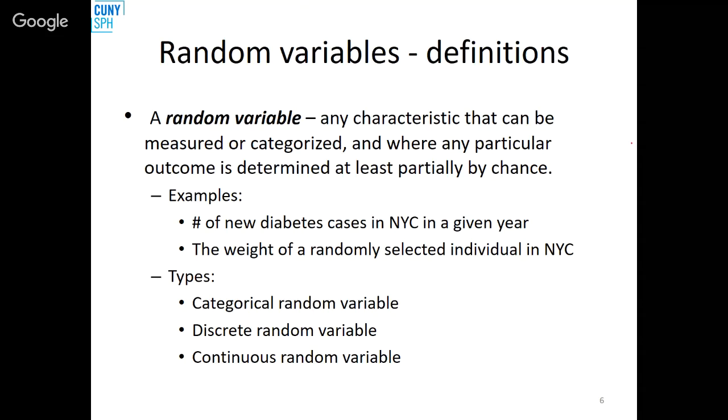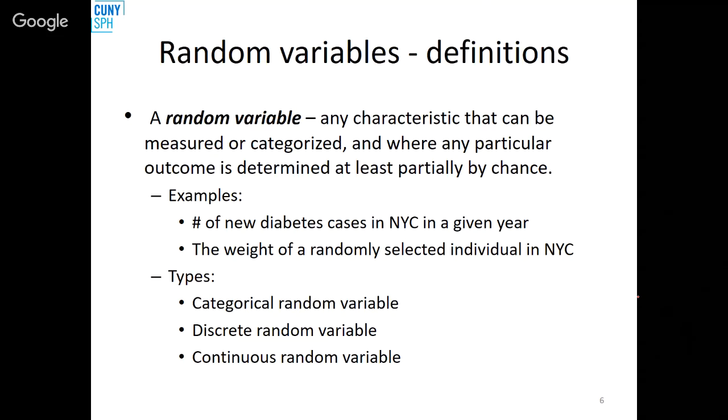So first of all, definitions. A random variable is any characteristic that can be measured or categorized and where any particular outcome is at least partially determined by chance. So it can be partially predetermined, but it has to be at least partially determined by chance. Or it can be all determined by chance. Some examples could be the number of new diabetes cases in New York City in any given year.